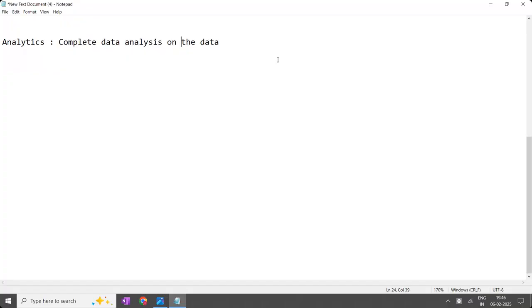Data analysis means observations: what are the things you have observed from the given data? That is called data analysis. Complete data analysis is called data analytics, right?